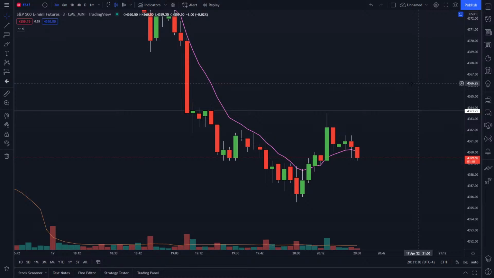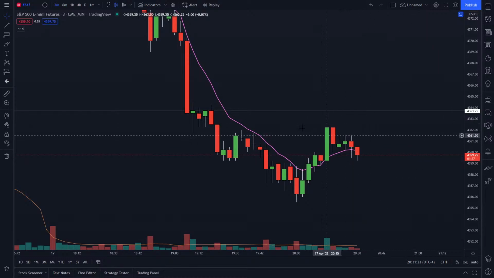So for instance right here, this is actually exactly right. Boom, close. We could have taken a long position on this red candle. We got our pull up here, or if we were looking at this being our first candle over, green, red, green, the price action of this wasn't superseding or higher than this first green candle, so we didn't take it.